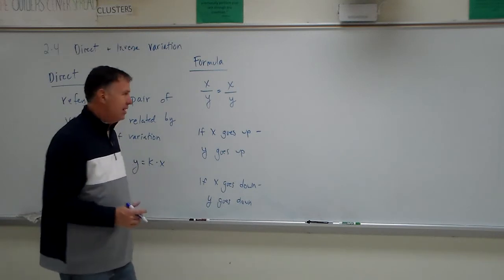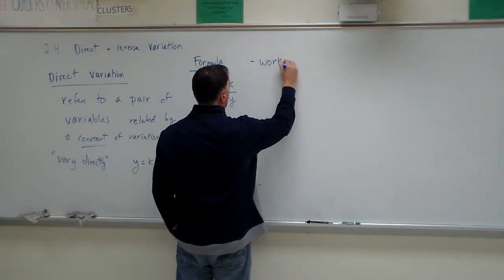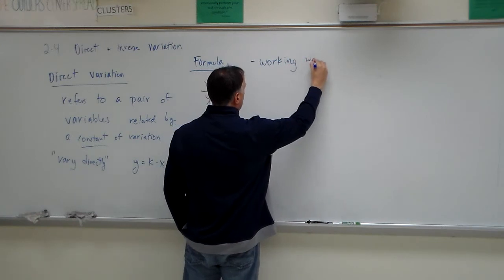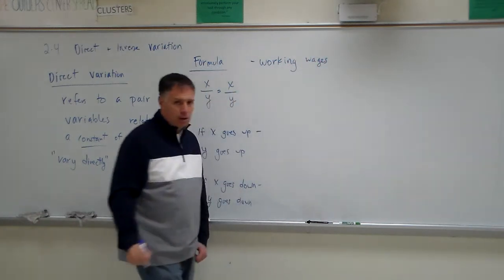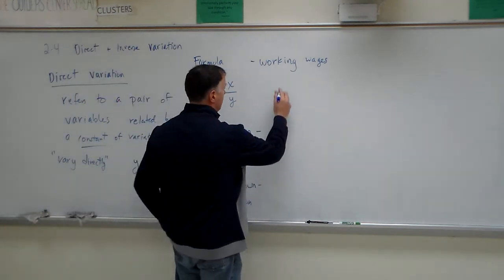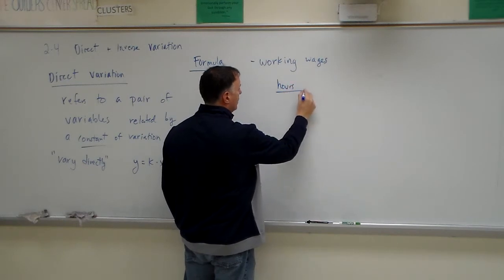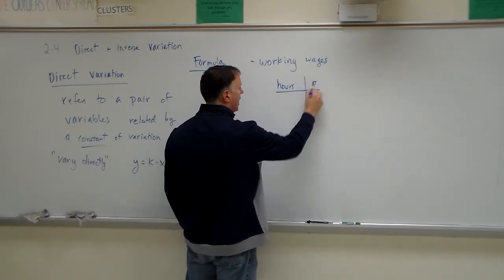Now, examples of these. One example would be working wages, like dollars per hour. So we'll say here is hours and here is dollars.